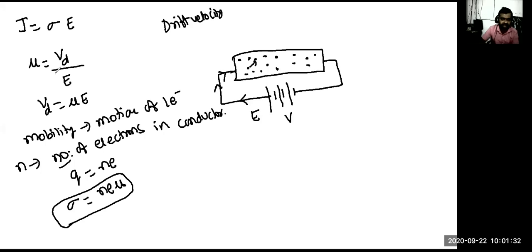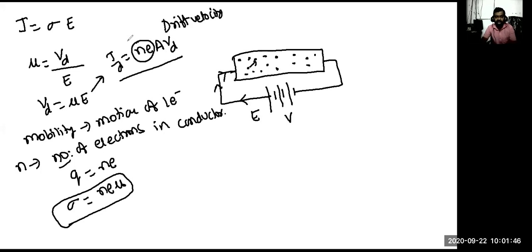With respect to this drift velocity, we have the drift current ID equal to NeAVd. Did you get the equation? This n I can write as the total number of electrons, or number of electrons per unit volume, that is electronic concentration.